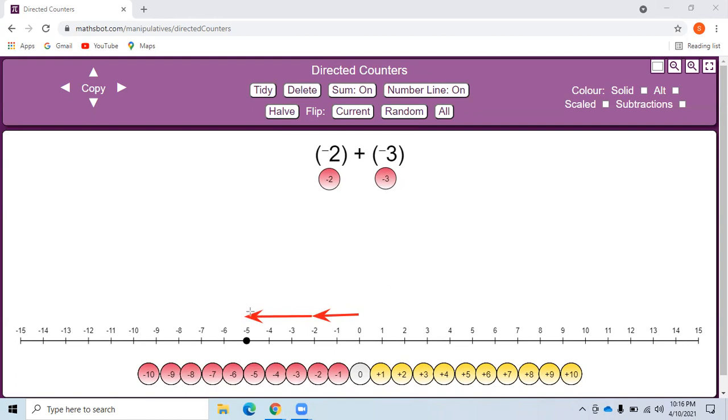Our arrows are both going in the same direction because the signs of our addends are the same. And we can see that -2 plus -3 is equal to -5.